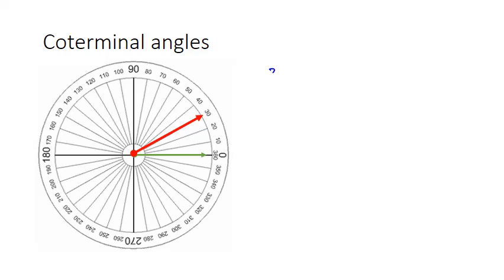So what we're saying is that 30 degrees is coterminal with 390 degrees because we can add 360. In other words, we can go a full circle around of 30 to get 390.